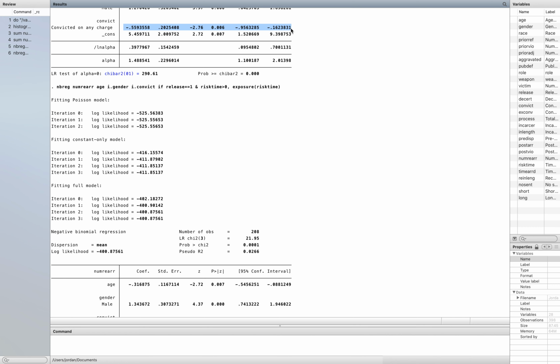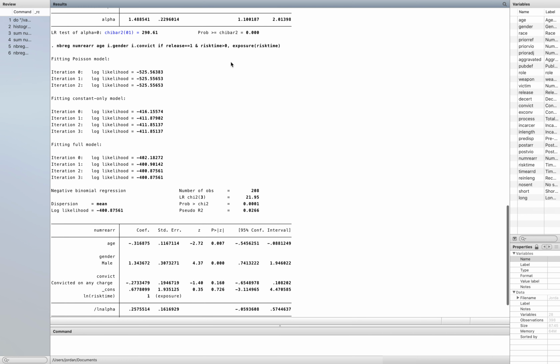If you are convicted, that means you're on the street less, which is now accounted for in risk time. So now that you account for that, it's showing that conviction doesn't impact that.